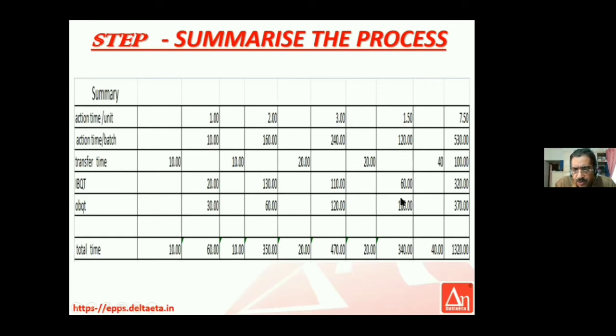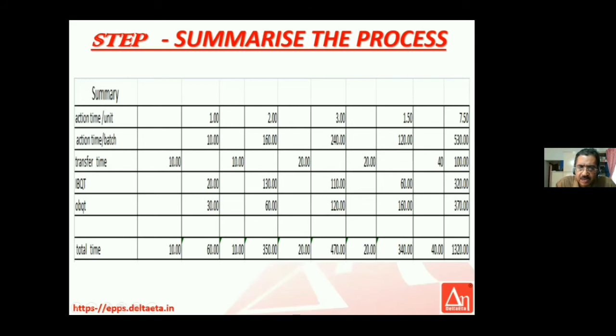And outbound queue time is 370 minutes. So in total, the total cycle time works out to 1,320 minutes. Hope I am clear about it. So the total cycle time from warehouse raw material all the way to warehouse finished goods is 1,320 minutes.